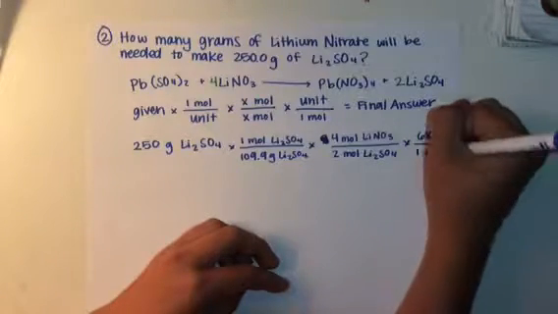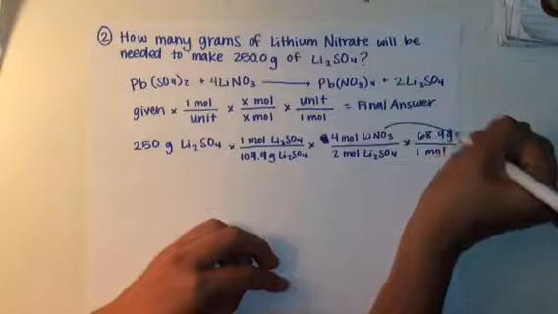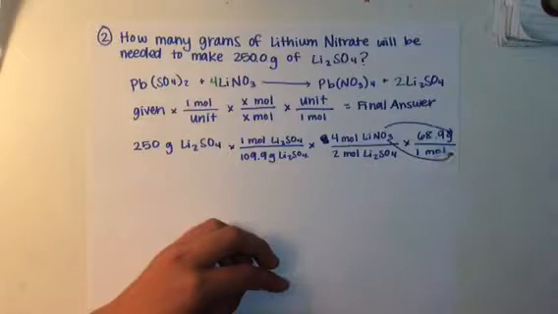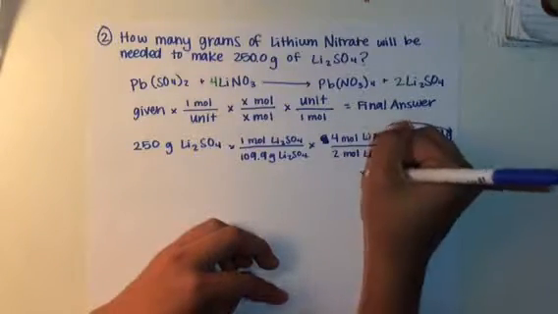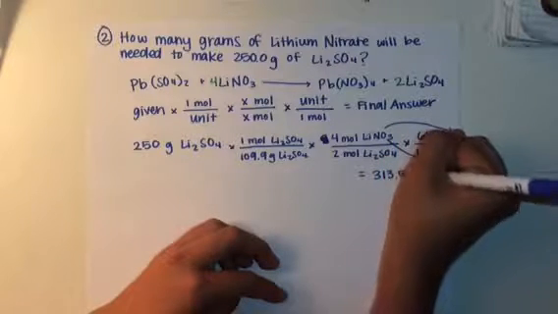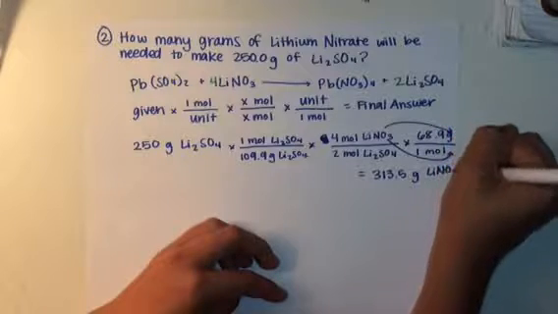And it's going to be over 1 mole. Sorry, this is getting a little bit messy, I just don't have enough room. So once you multiply all that out, you're going to get 313.5 grams of lithium nitrate.